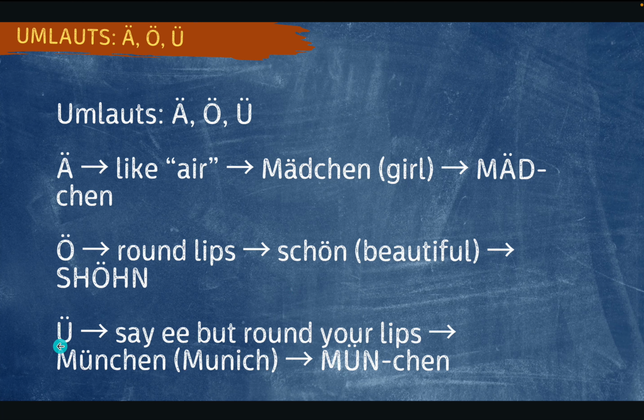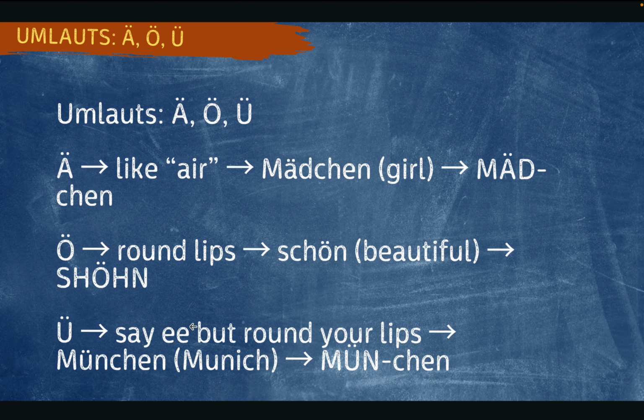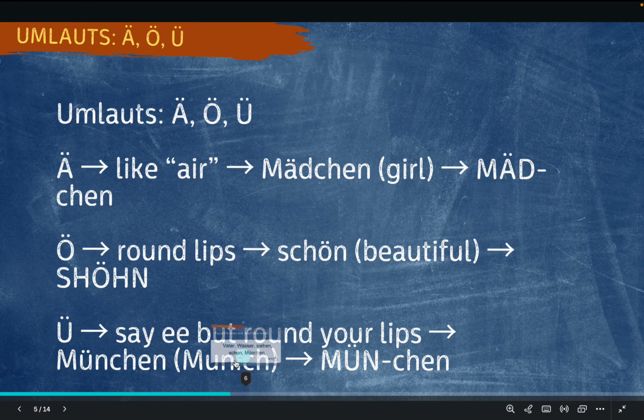This one, U with two dots, umlaut U: you say E, then round your lips. So E, ooh. München, Munich. München.